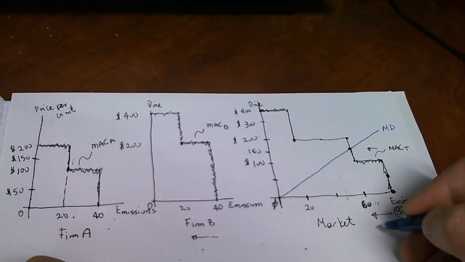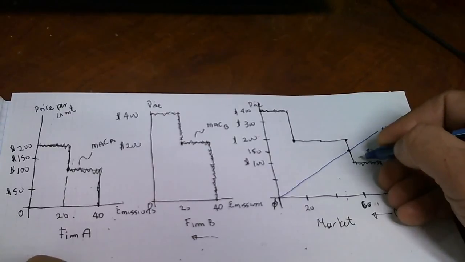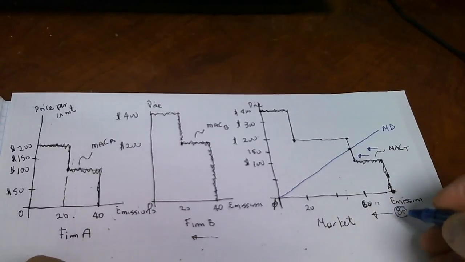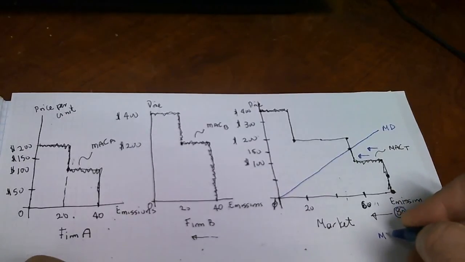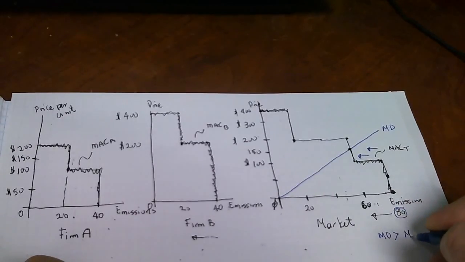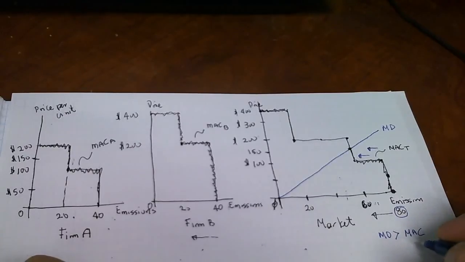Okay, so we can continue on doing that as long as the marginal damage is above the marginal abatement cost curve. So if the marginal damage is greater than the marginal abatement cost, reduce emissions. And you keep on reducing.